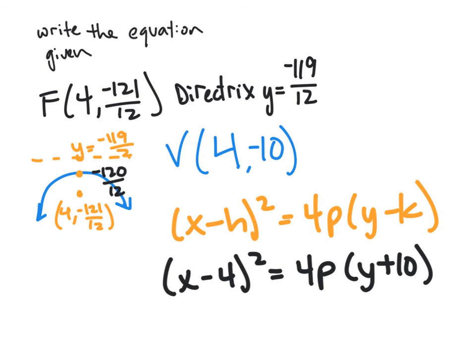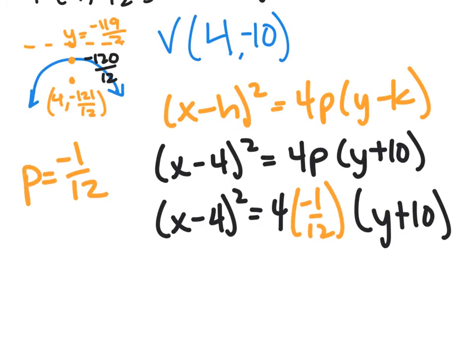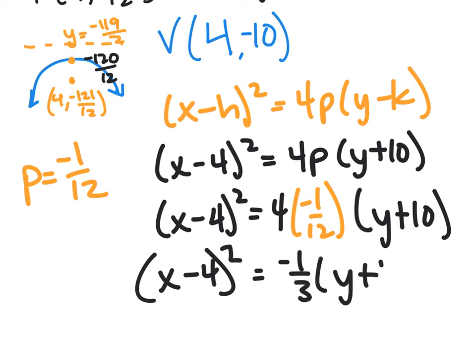Now I need to figure out p. Well, how far away is -120/12 from -121/12? To get there I had to go down 1/12. If I'm at -120/12 and I go down 1/12, I'd be at -121/12. So I'm going to replace p with -1/12 and solve. That'd be (x - 4)² = -1/3(y + 10).